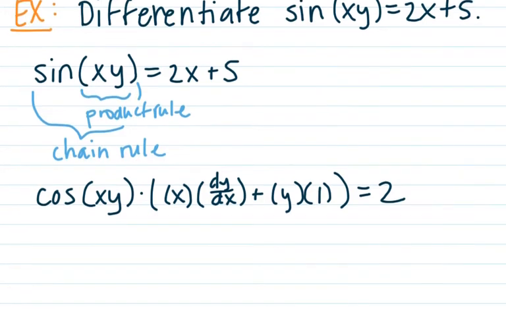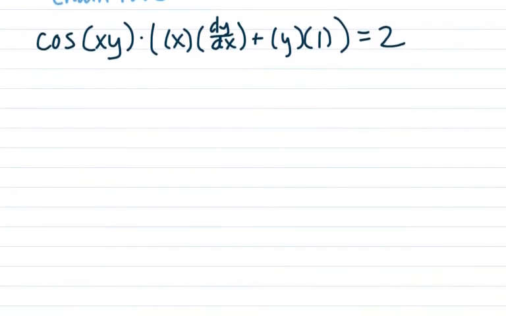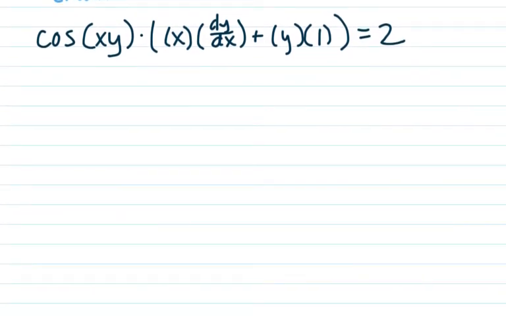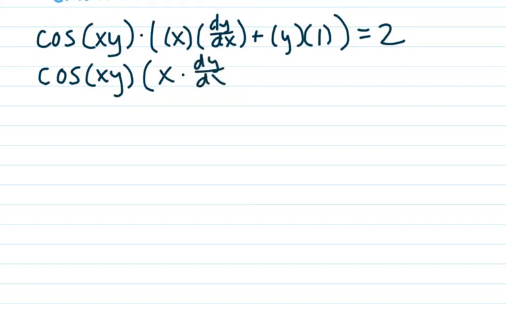Alright, let's try and clean some of this up. So let's see, that's just cosine of xy times this guy, dy over dx plus y equals 2. Now since we're multiplying this parentheses times this term, and I just need what's inside the parentheses, your fastest thing would be to go ahead and divide by cosine xy on both sides.